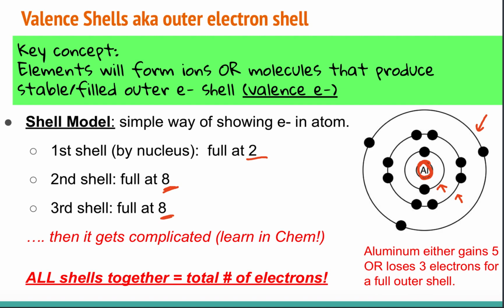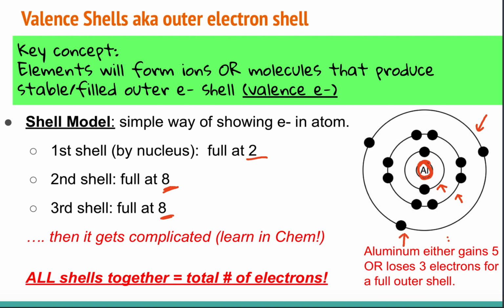That's as far as we're going to go in biology. It actually is incredibly complicated, and that third shell, some stuff gets weird, but that's something you're going to learn in chemistry. For our purposes, we're just going to state for now that the third shell has a maximum of 8.